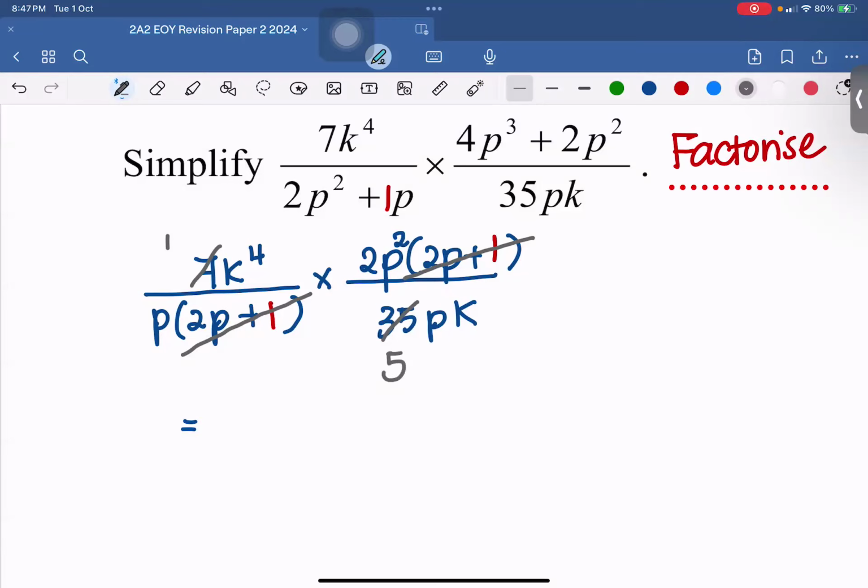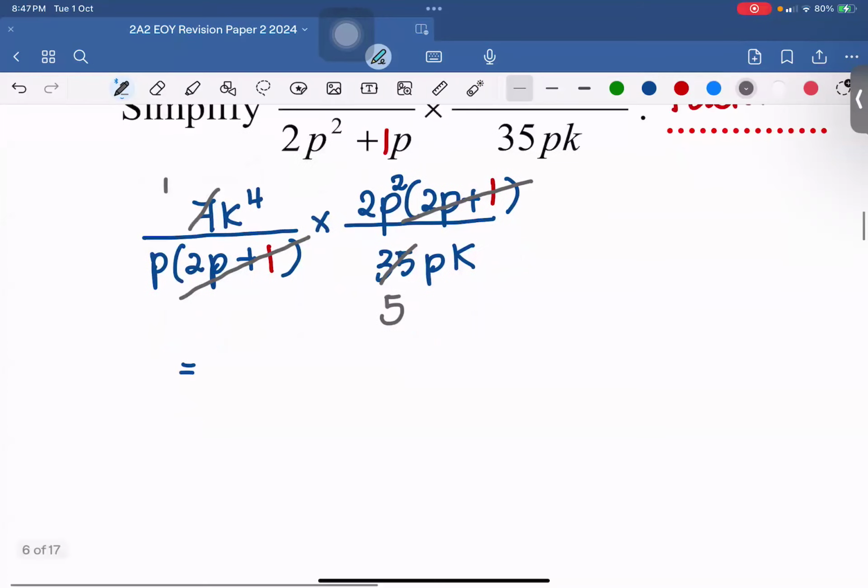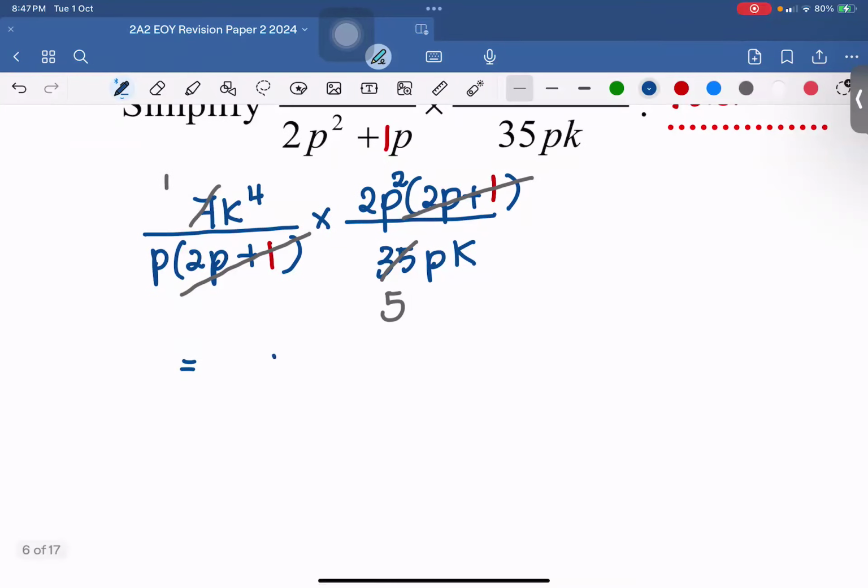Any more? K, the K. Okay, I write down first. If not, I cancel too many things, it'll be gone. K for 2p square over got the number 5. There's a p and a p, so it's actually p square. There's a k.